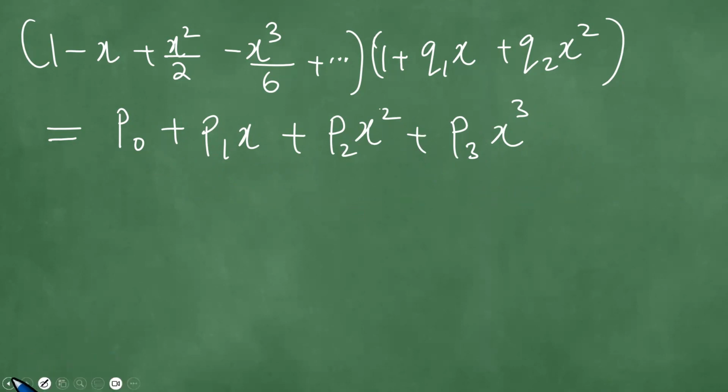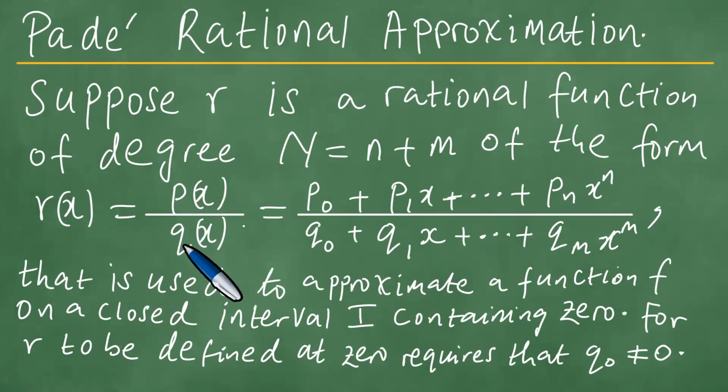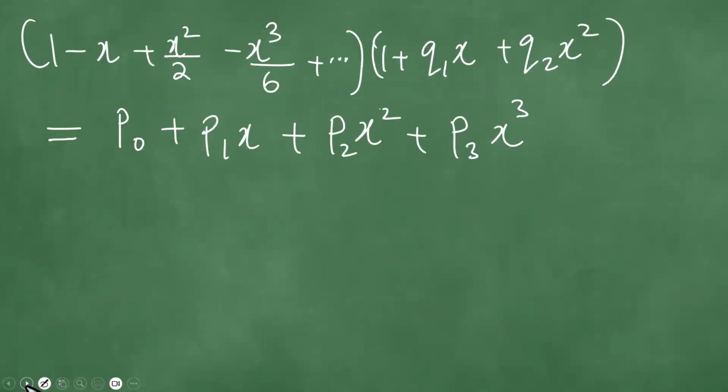This is exactly the same as this. If you cross multiply this, it will be r, and then we multiply that by the denominator by cross multiplication, and it equals the numerator. So we have this expanding.